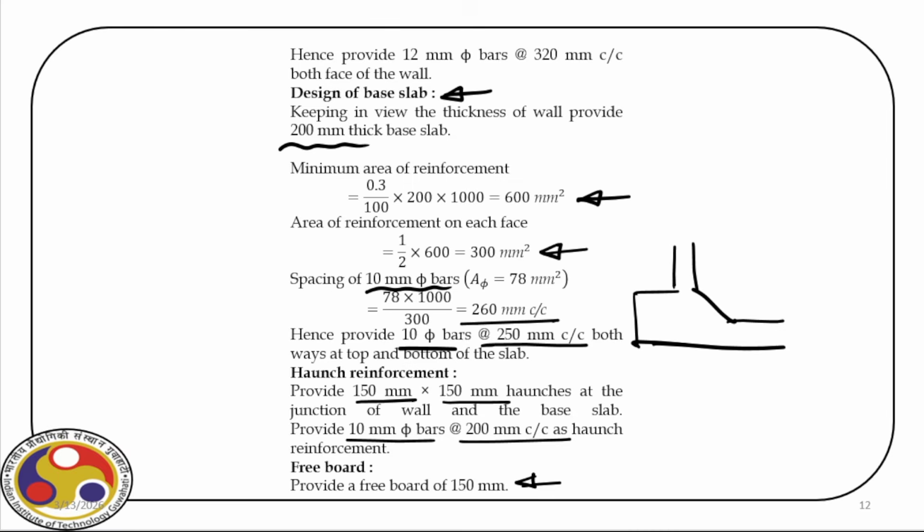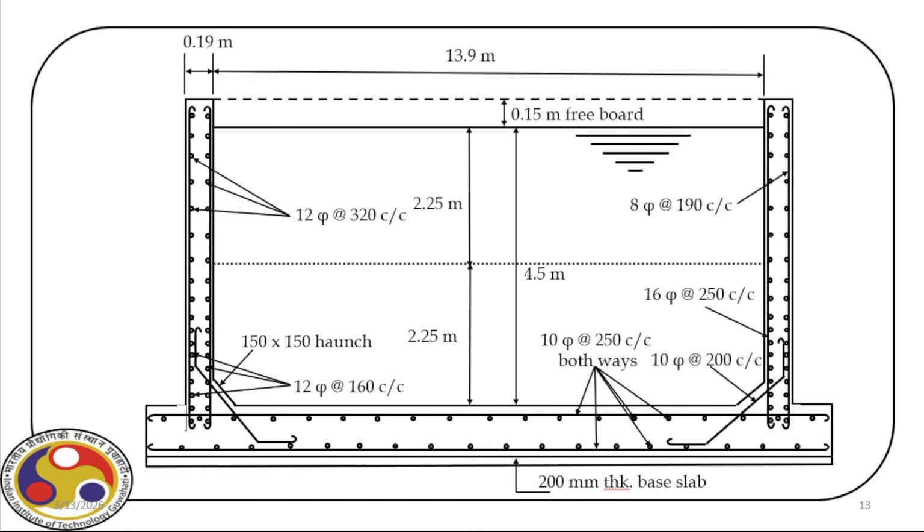So that completes the design. So if we look at the steel, here is the complete detailing, and that shows the steel requirement in walls and slab base, right? So that completes the design of circular tank based on IS code method, right?